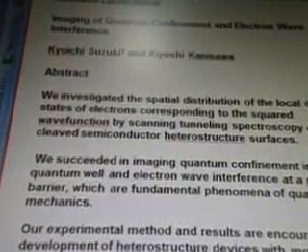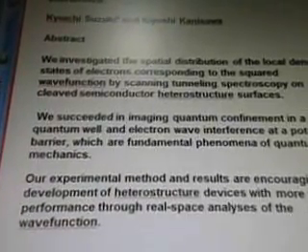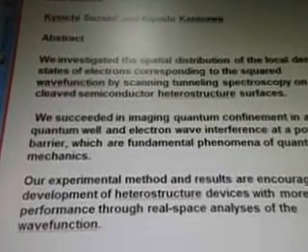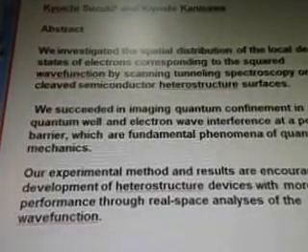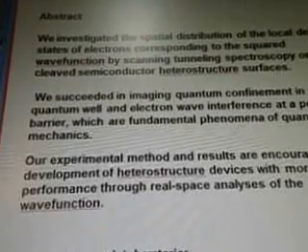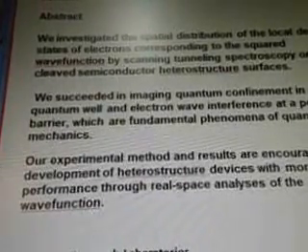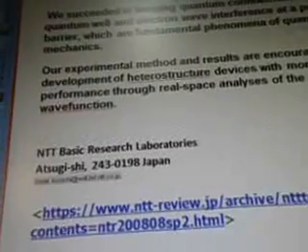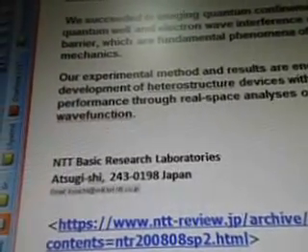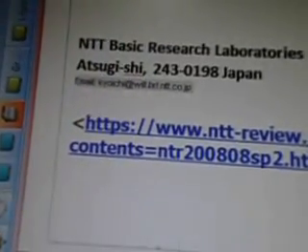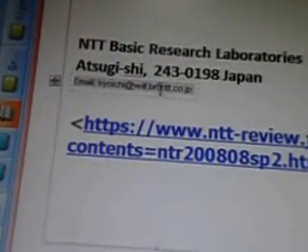We succeeded in imaging quantum confinement in a quantum well and electron wave interference at a potential barrier, which are fundamental phenomena of quantum mechanics. Our experimental method and results are encouraging for development of heterostructure devices with more precise performance through real space analysis of wave function. And they are from Japan, and their email is really tiny here.